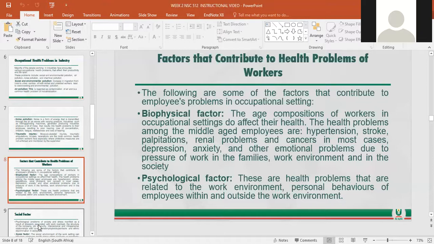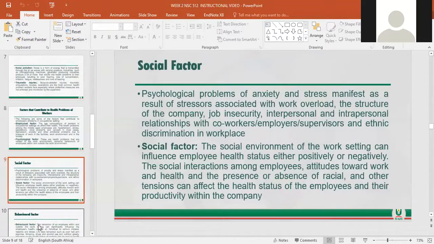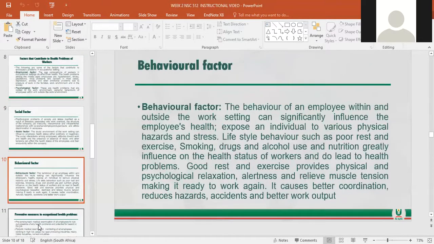In a situation where we cannot eliminate them, we reduce them. These factors are the biophysical factor, the psychological factor, as well as the social factor and behavioral factor.